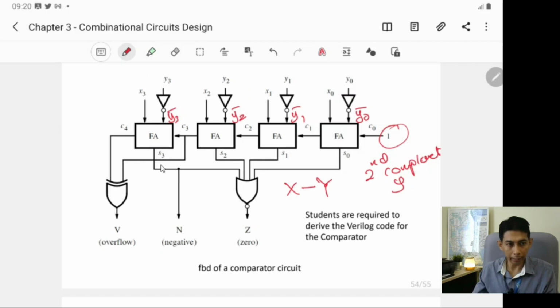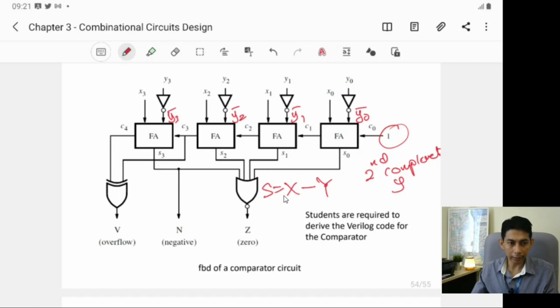The output s here is x minus y. Why? Because the y that enters the full adder here is actually the second complement of y. Why second complement? Because you complement y here, right? From y3 you have y3 bar, and you add 1. Adding 1 here means the second complement.